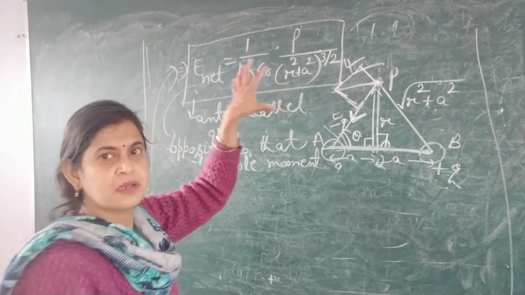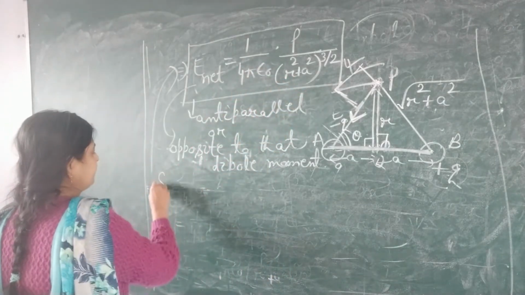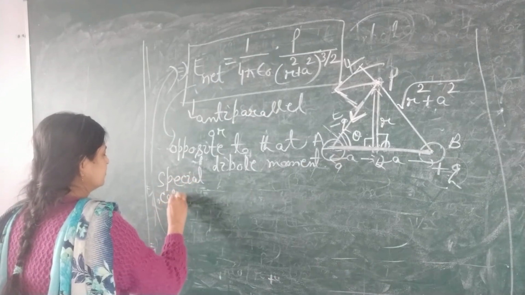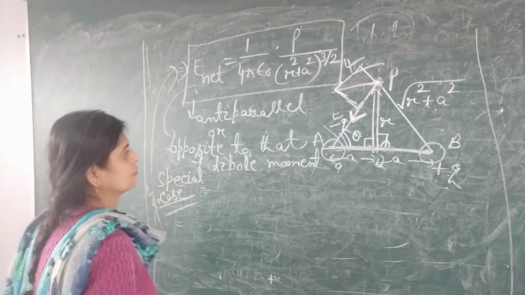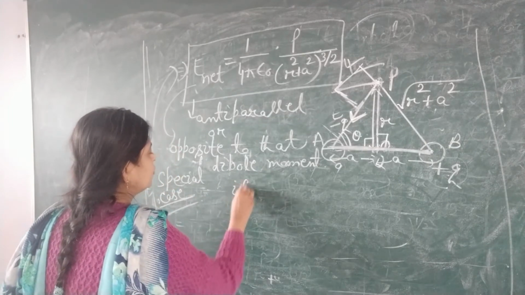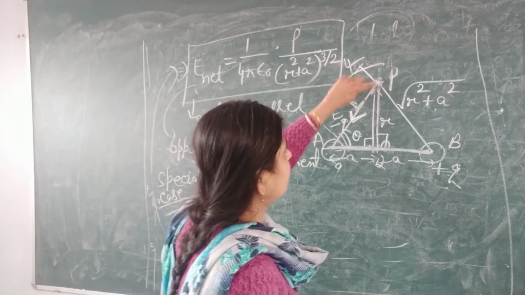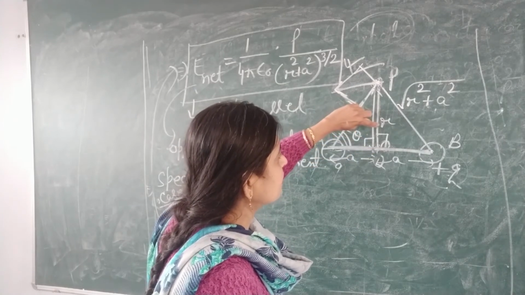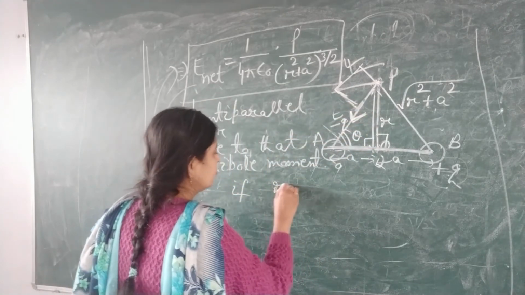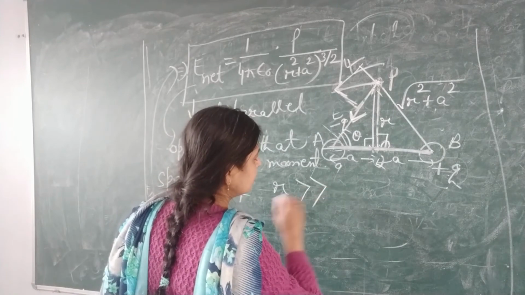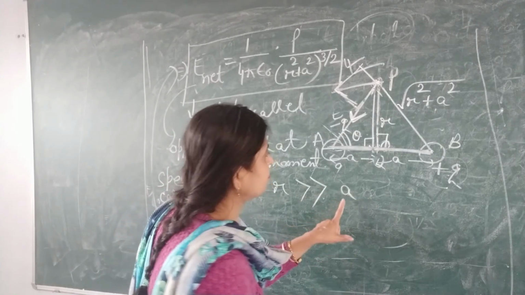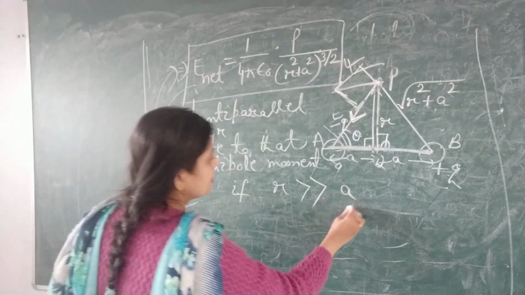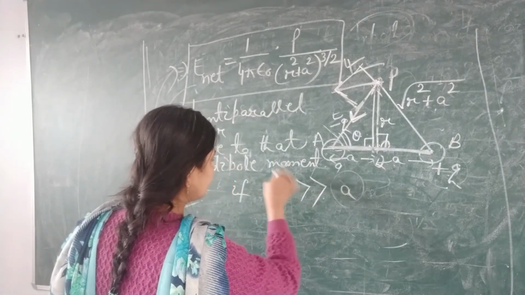Clear? Now, if the point of observation lies far away from the center of the dipole, in that case r will be very large as compared to a. At that time you can neglect the value of a as compared to r.